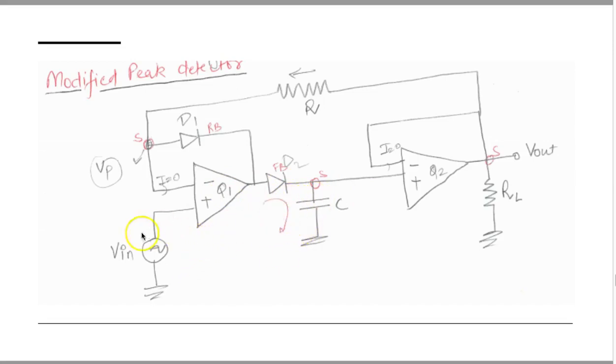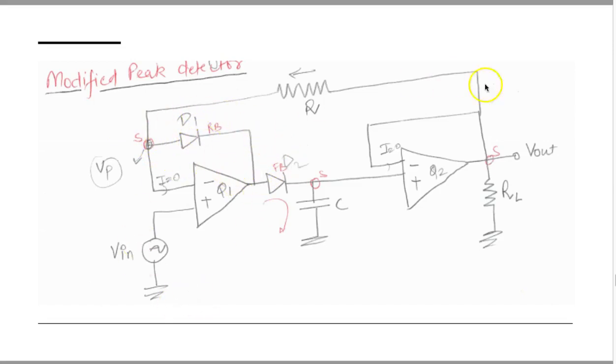For that particular case, when Vin is less than Vp, the Q1 output will be negative, D1 will be forward biased and D2 will be reverse biased. When D1 is forward biased, it provides feedback to Q1, because it is connected in the feedback path, and that prevents your operational amplifier from going into saturation mode, and that's why it is connected in the feedback.